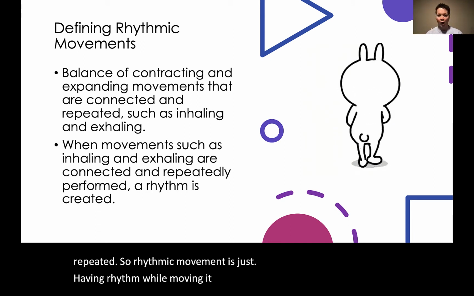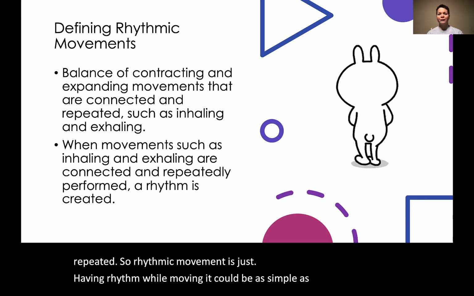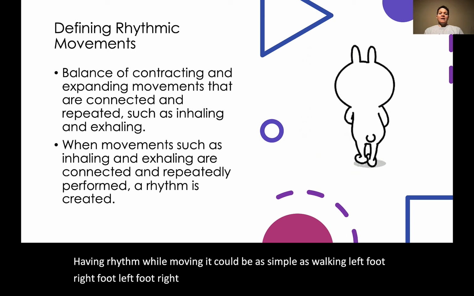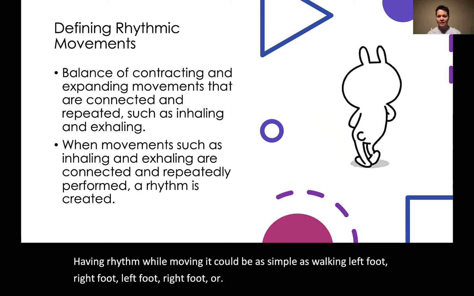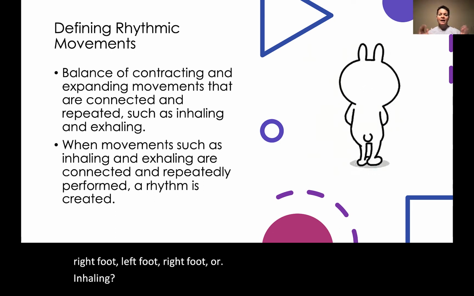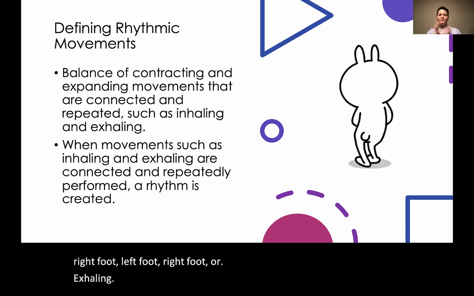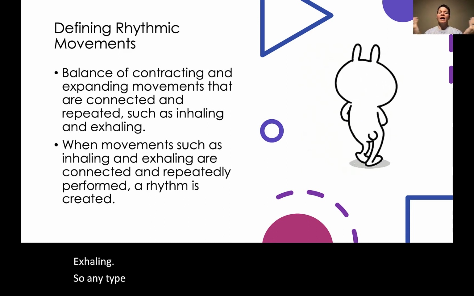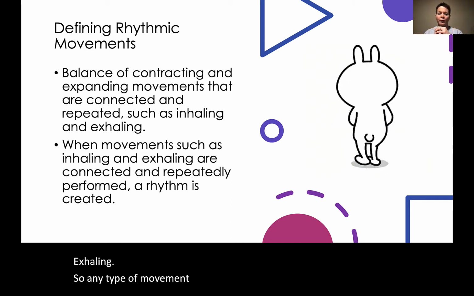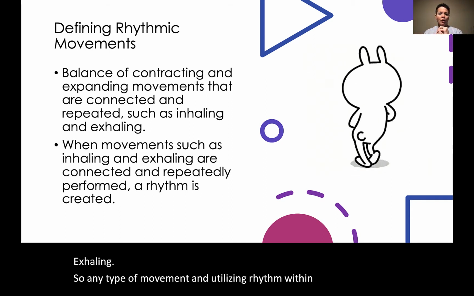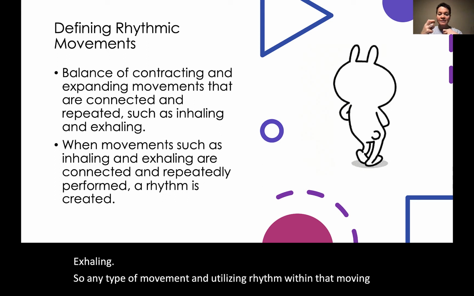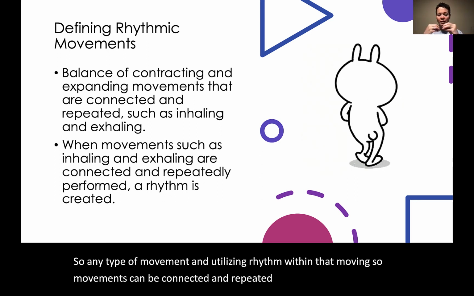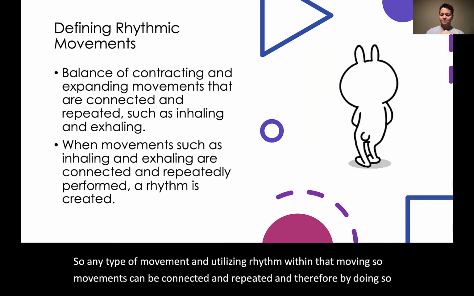It could be as simple as walking, left foot, right foot, left foot, right foot, or inhaling, exhaling, clapping. So any type of movement utilizing rhythm within that movement. Movements can be connected and repeated, and by doing so, they create a rhythm.